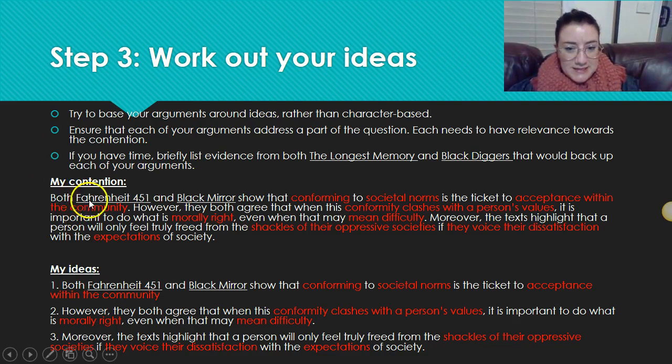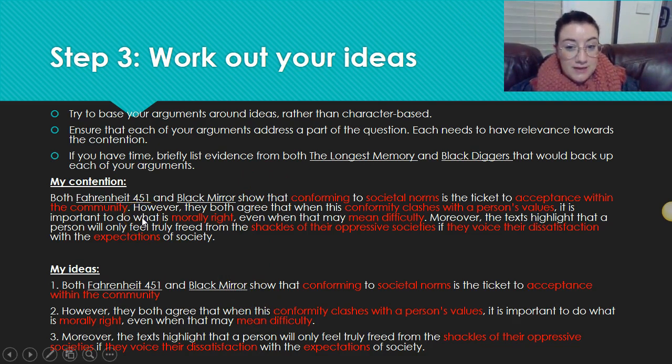So I've got my contention there, and what you can see is there's a breakup. The first sentence is my first argument. Conforming to societal norms is how you become accepted in the community. And then my second argument is my second sentence.